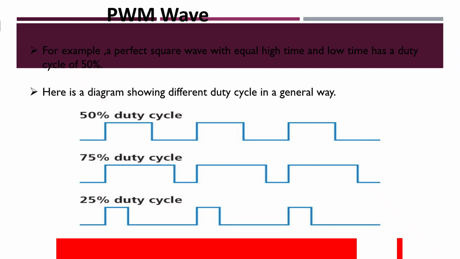The first graph has 50% duty cycle, the second has 75% duty cycle, and the third has 25% duty cycle. So for 25% the on time is small, for 50% it is more, and for 75% it is bigger. These are the duty cycle differences in PWM.